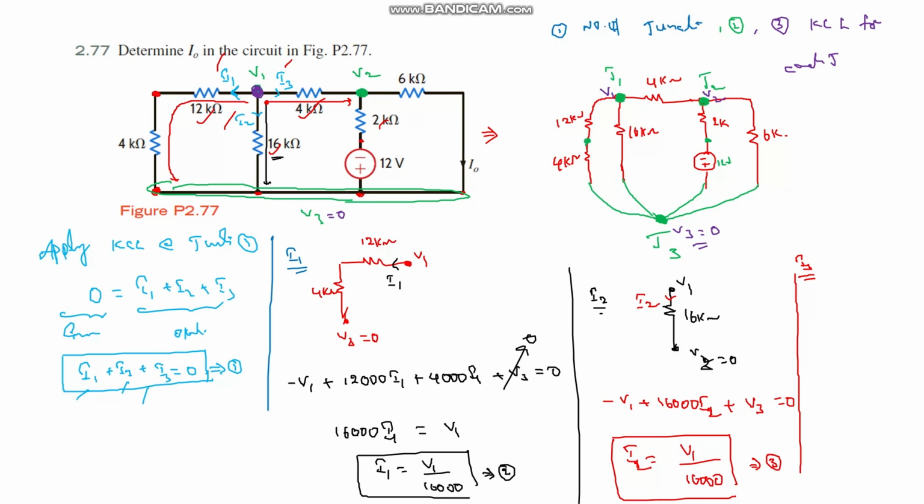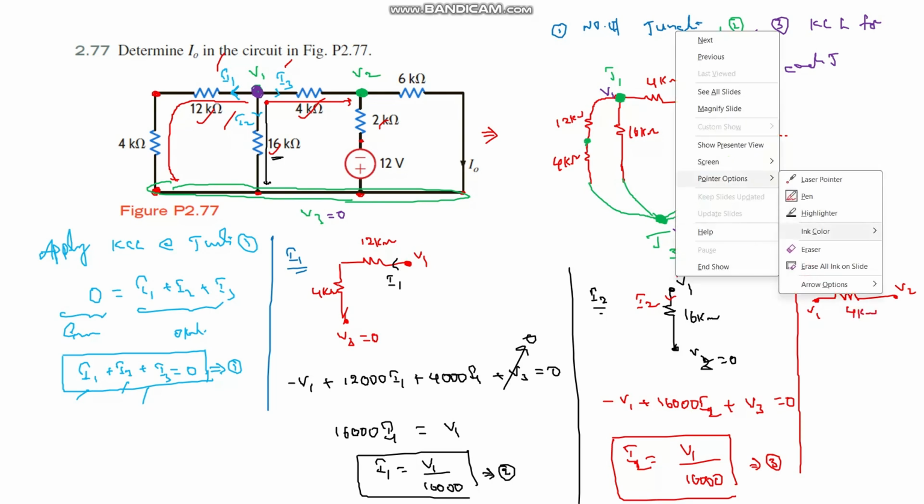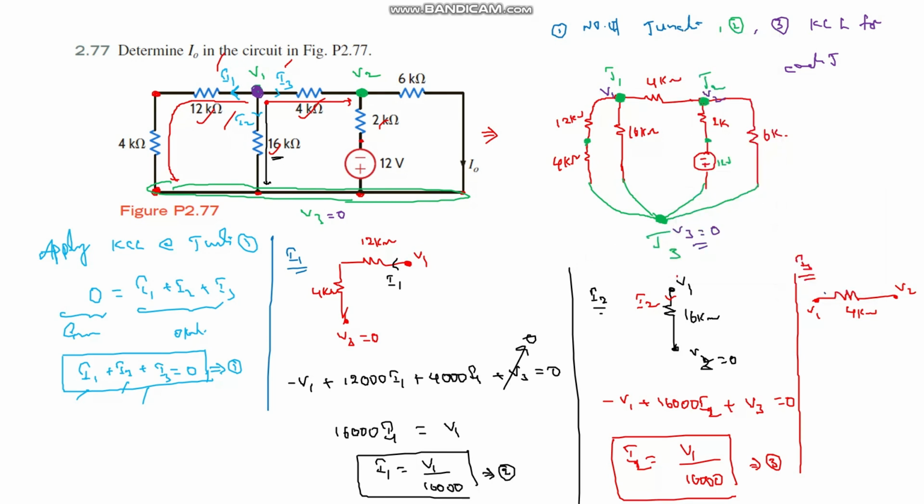Just draw that path as it is, through 4 kilo ohms only. This is V1 and this is V2. This is the 4 kilo ohm resistance, and the current direction is left to right. This is I3. Now apply KVL.